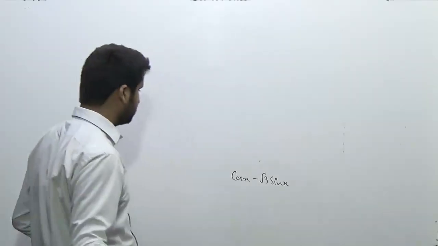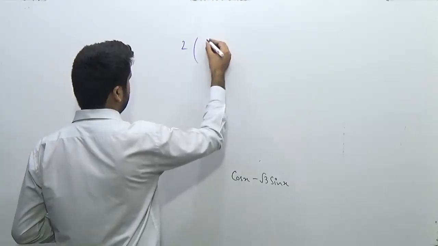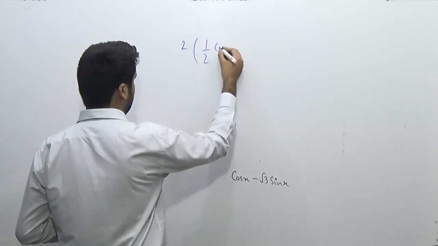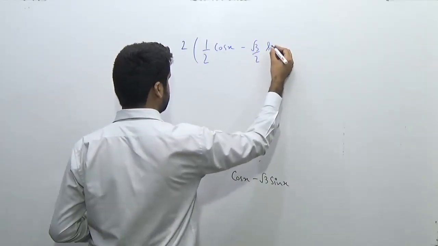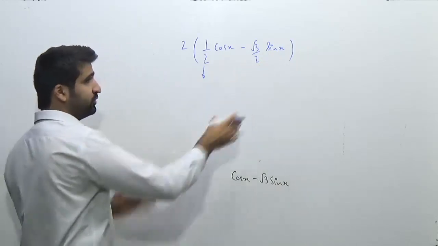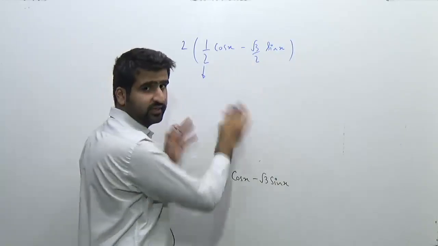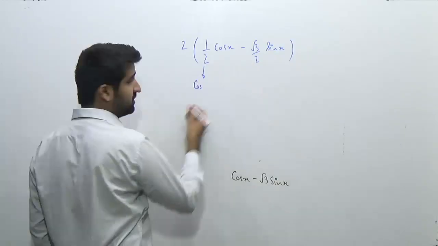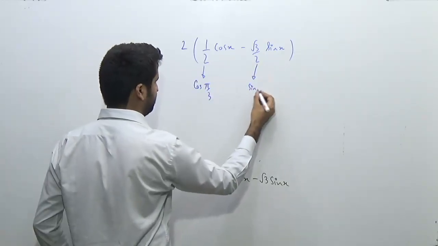This was the result we got, half cos x minus root 3 by 2 sin x. Now if I want to convert this into a single cos, single sine, a single t ratio, what will I do? I know that this is the value of cos of pi by 3 and this is the value of sine of pi by 3.